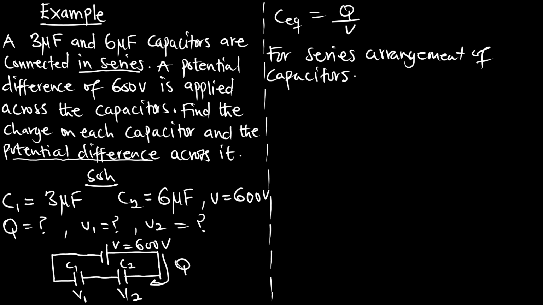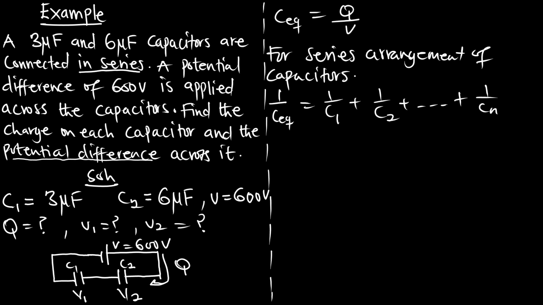The equation, for n number of capacitors, is 1 over C equivalent equals 1 over capacitor 1 plus 1 over C2, up to the nth capacitance.